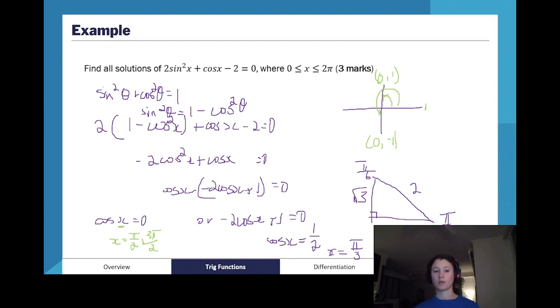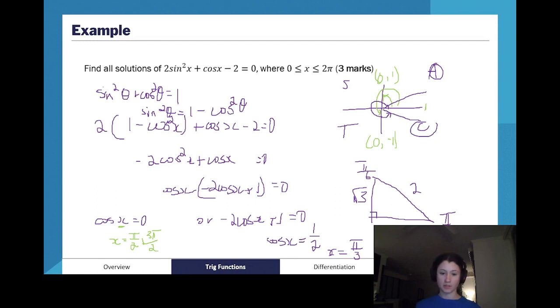Now, let's have a think about if there are any symmetric properties that we can also apply here. So we know that pi on 3 is a solution, but x is also going to have a positive value, not just in this first quadrant, but also in the fourth quadrant. So we're going to need to find the equivalent angle here, right?